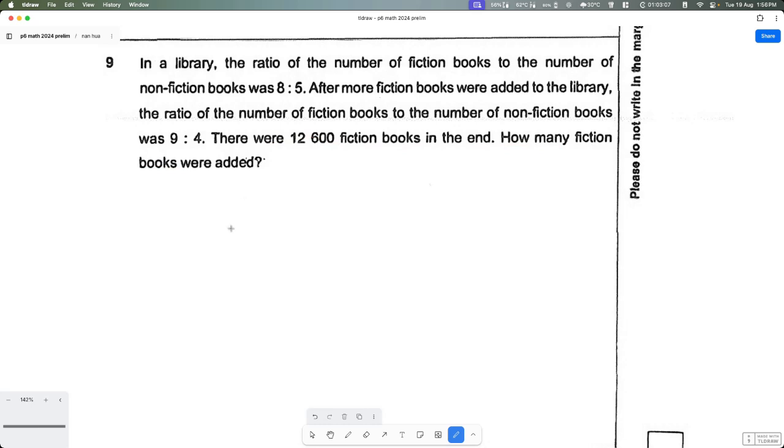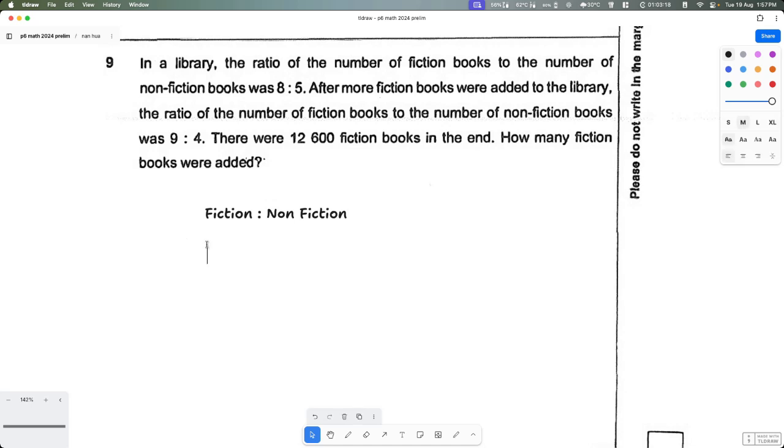Okay, so let me write this down. Fiction is to non-fiction, 8:5. So this was the before. Then after that, more fiction books were added, so we just say plus, question mark for the fiction books itself. Then after, we get 9:4.